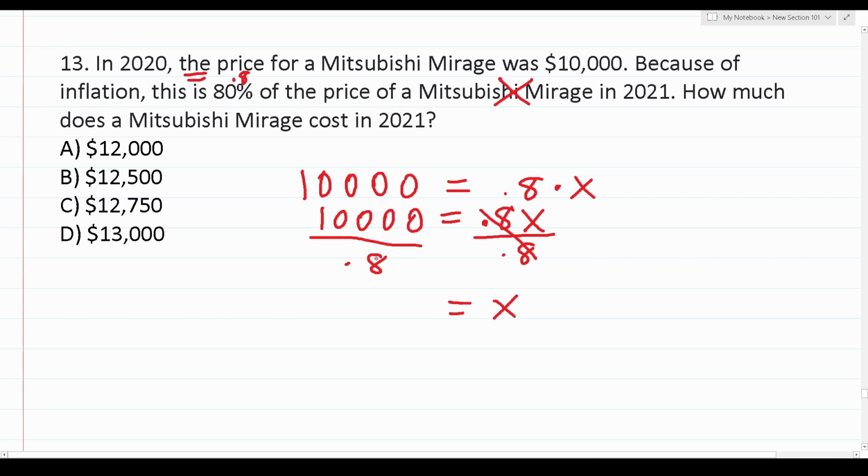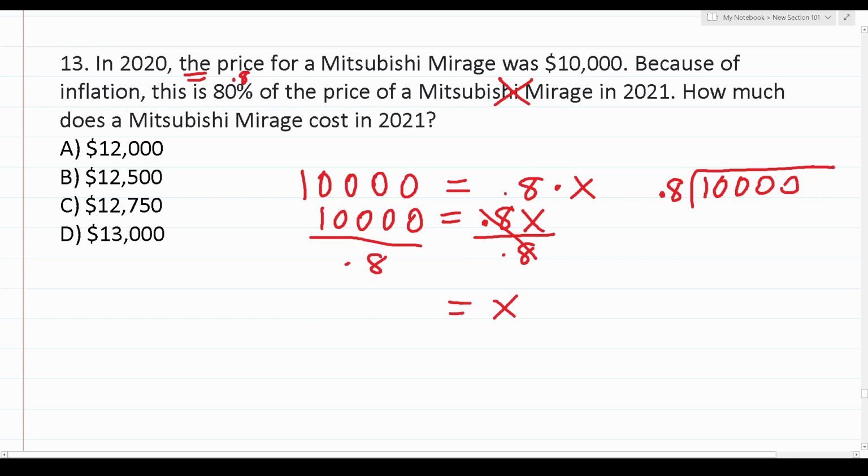And now we've got to work this out. We have 10,000 divided by 0.8, and we're going to work that out via long division. When you're doing long division involving decimals, here's the trick.